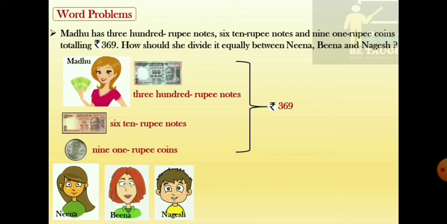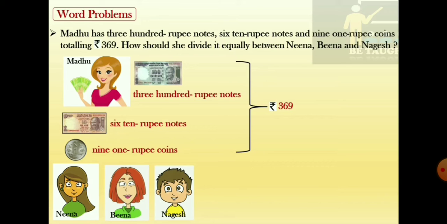We have learned in third standard denomination of notes. So I have 300 rupees, that is a 300 rupee note. Then 6 is my 10 rupee notes. Then 1 rupee coins I have 9.